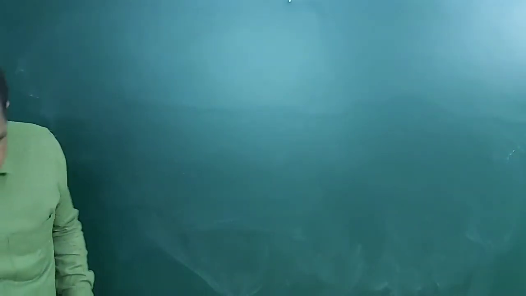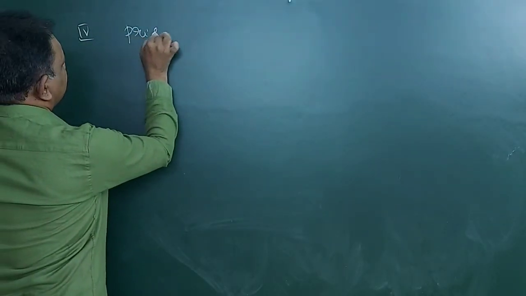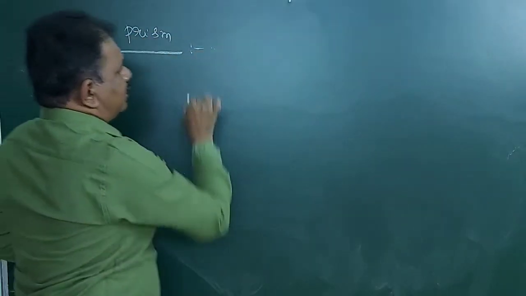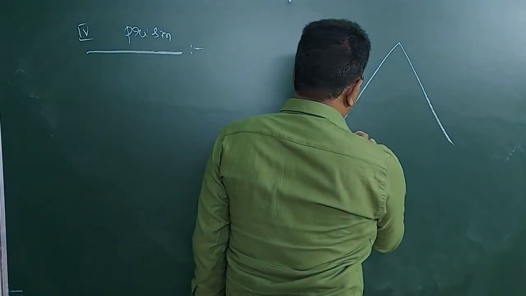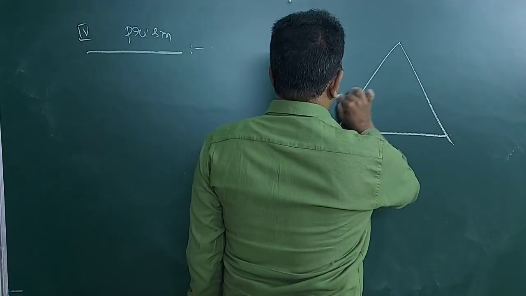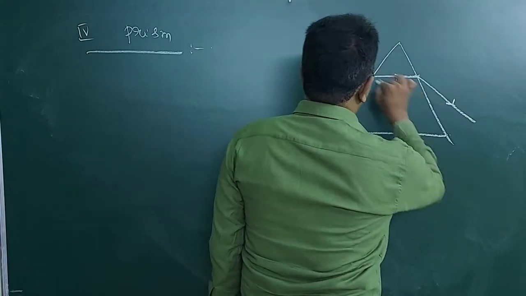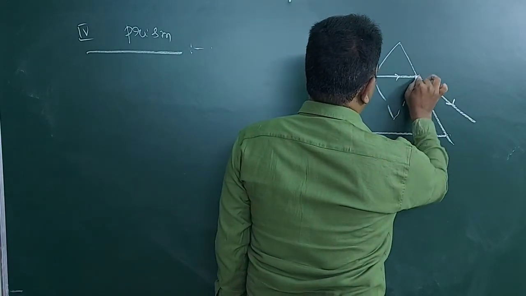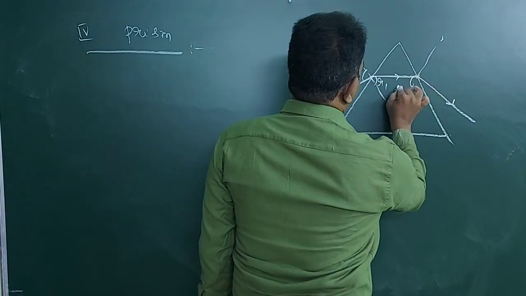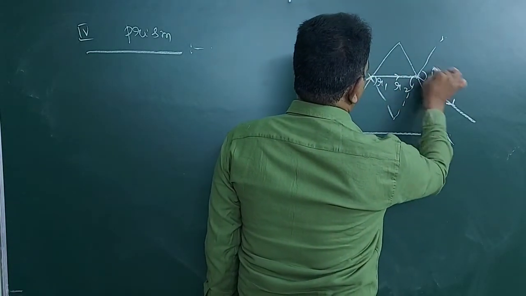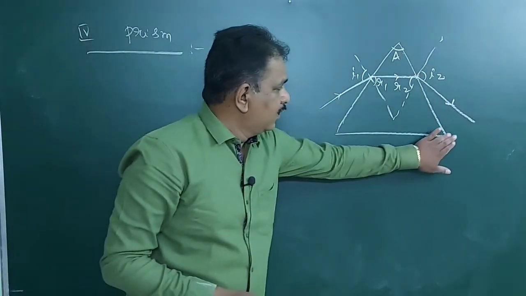Next, the fourth one will be prism. So prism will be like this. Already you prepared the derivation very well in theoretical exams. This will be I1, this is R1, this is R2, this is I2. This is the angle of the prism.